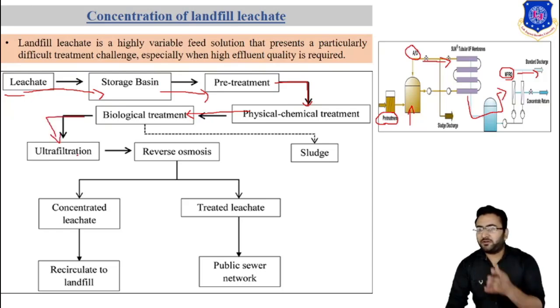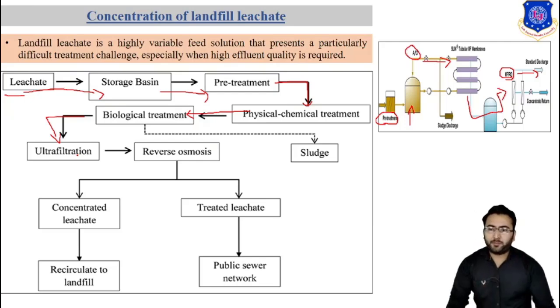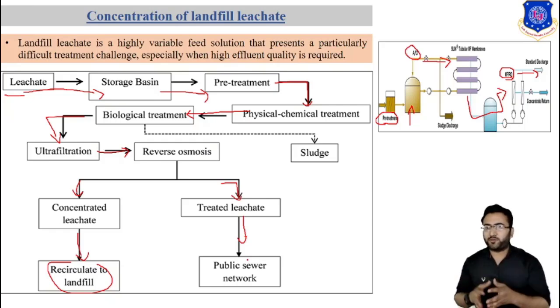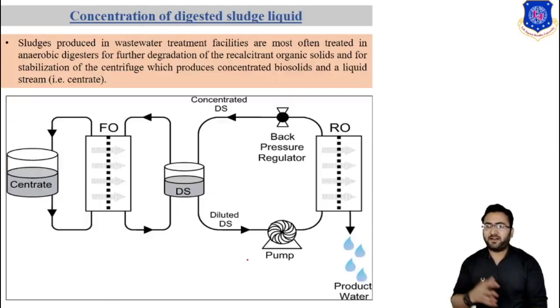It is necessary to use ultrafiltration as a pre-filtration for the reverse osmosis. Then it goes for reverse osmosis, and we get concentrate leachate and treated leachate. The concentrate leachate is recirculated to the landfill, and the treated leachate is used for further use. So this is how reverse osmosis is used for the concentration of landfill leachate.